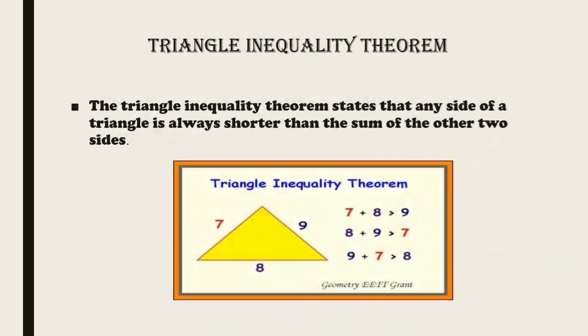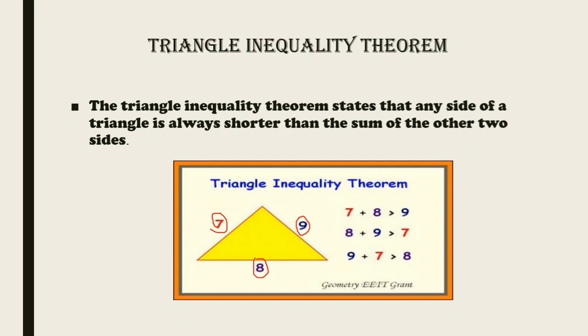Now let's revise the next property, that is the triangle inequality theorem. As per the triangle inequality theorem, any side of a triangle is always shorter than the sum of the other two sides. What it means, here in the example, you can see that this is a triangle with sides 7, 9 and 8.